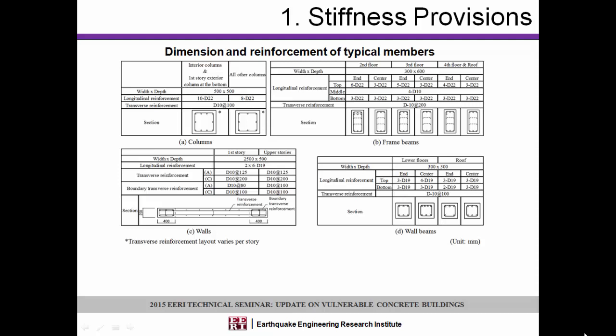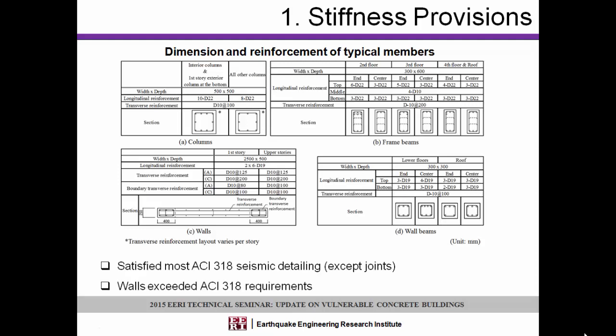This building was designed according to modern Japanese seismic design codes and satisfied most of the ASCE 318 codes for special moment frames and walls. The walls even exceeded the requirements in ASCE 318 for confinement and such. So it's essentially a seismically detailed frame.